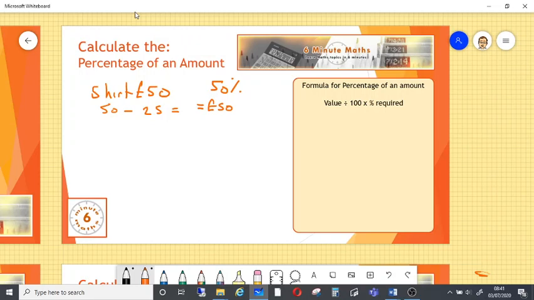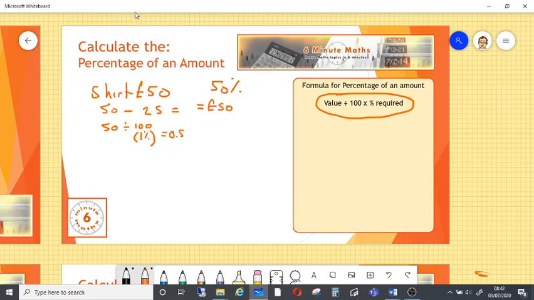Okay, but there is a formula we use for that, and the formula is the value divided by 100 times the percent that's required. So we take that 50 and divide it by 100, which finds 1% of the value, because percentages are part of 100. 50 divided by 100 equals 0.5.